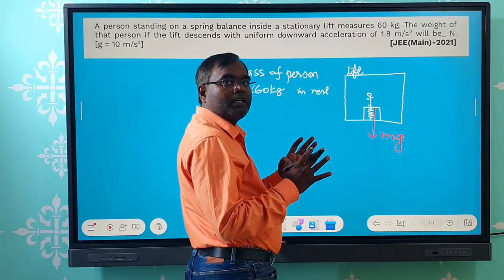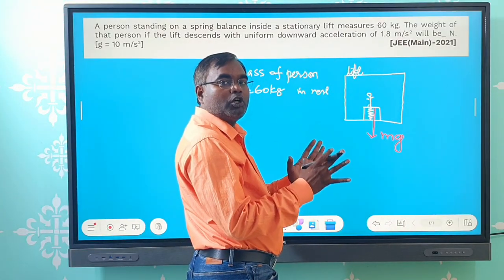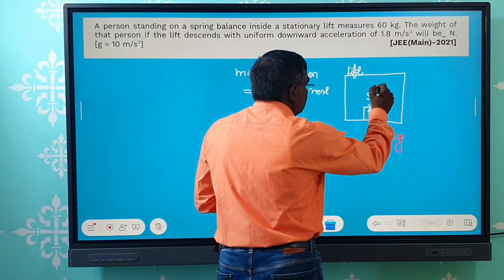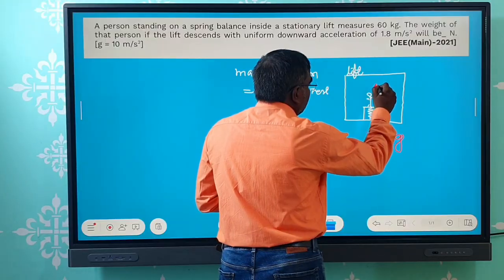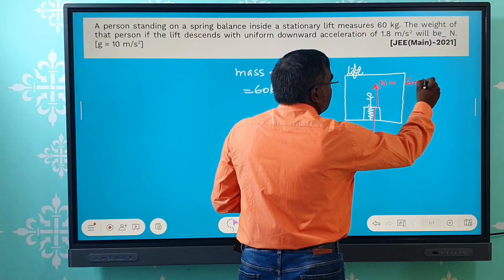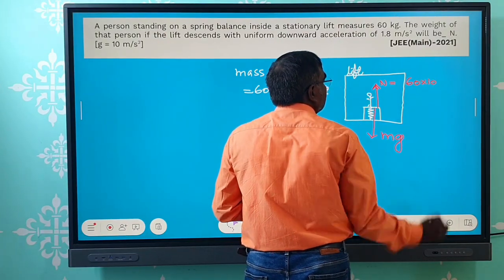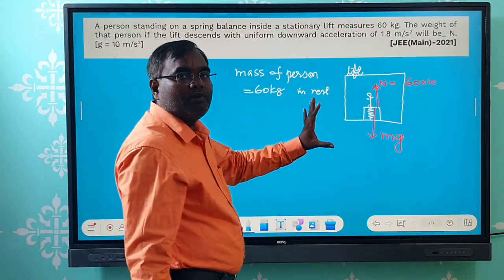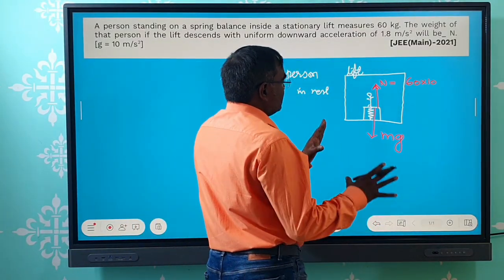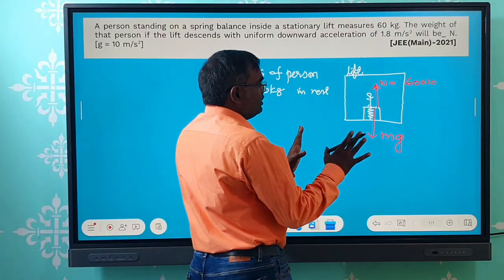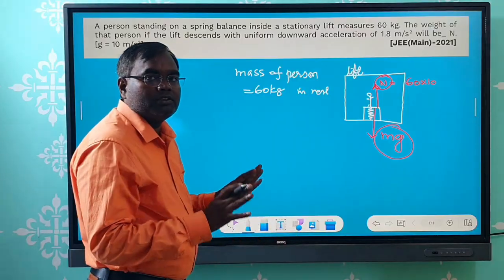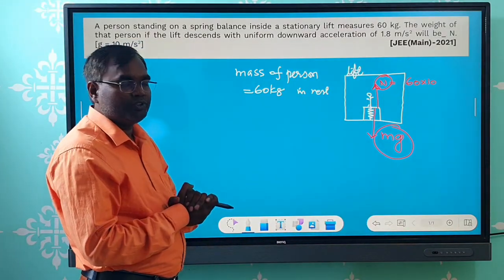There is an equal and opposite normal reaction, measured by the spring, and this is N, and that measures 60 into 10, equal and opposite. So when the lift is at rest, these two forces balance each other and the system is in equilibrium.